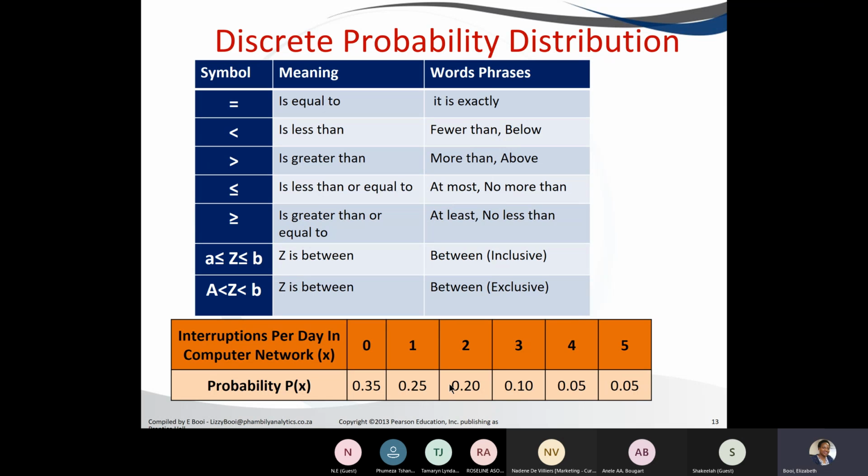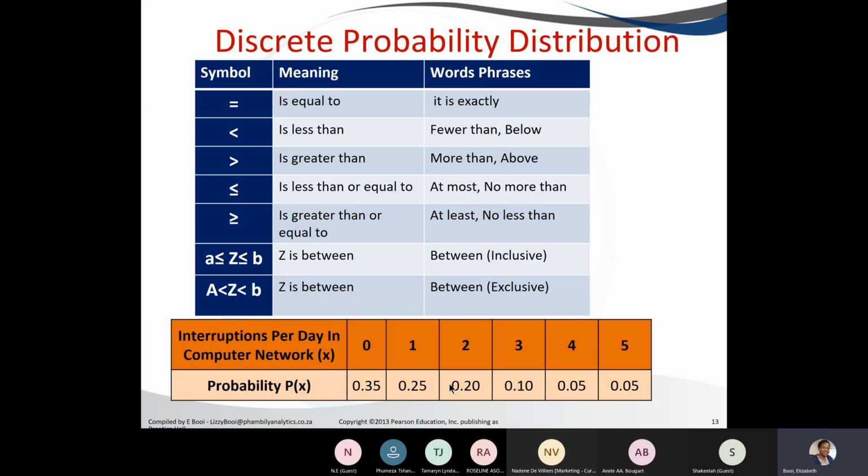Going forward, until we finish off with the content, you will read somewhere where they talk about words like at least, less than, more than, at most, greater than, between. You need to know what those words mean in terms of mathematical signs or symbols, because they mean something.